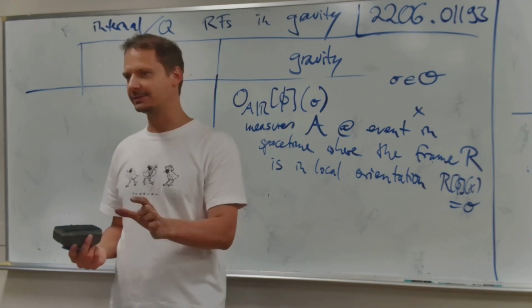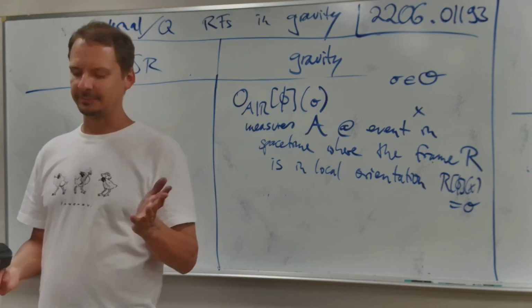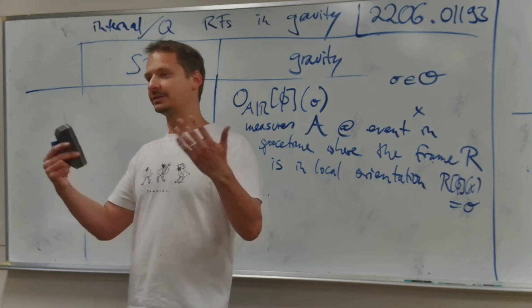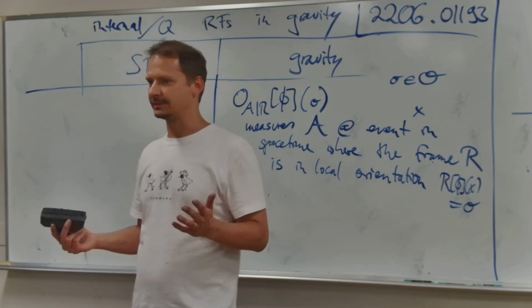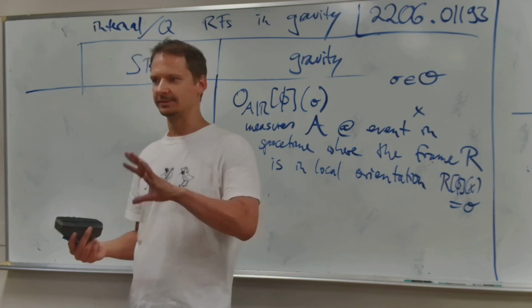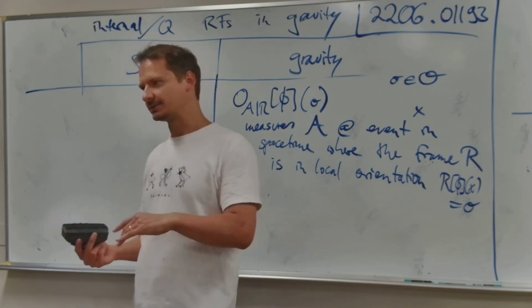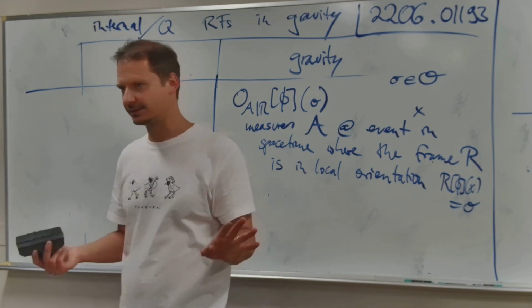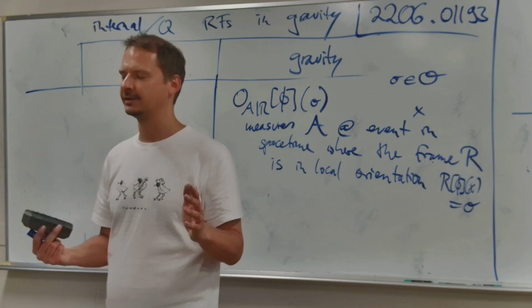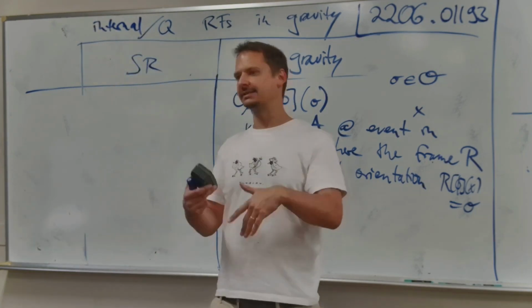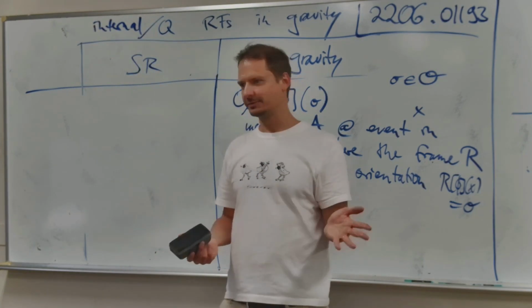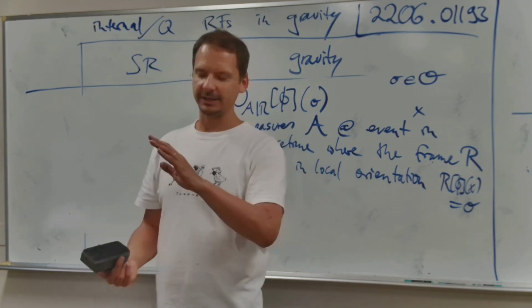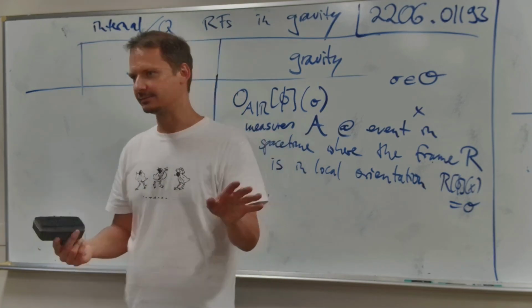This general covariance, invariance or covariance really of the physical laws under arbitrary changes of coordinates, amounts to an invariance of the theory under diffeomorphisms. These coordinate changes are essentially diffeomorphisms. So arbitrary diffeomorphisms shouldn't change anything about the physical state of the theory. You can see, for instance, that the Einstein action is invariant under diffeomorphisms. They correspond to degenerate directions that you have to factor out in your phase space structures and so on.